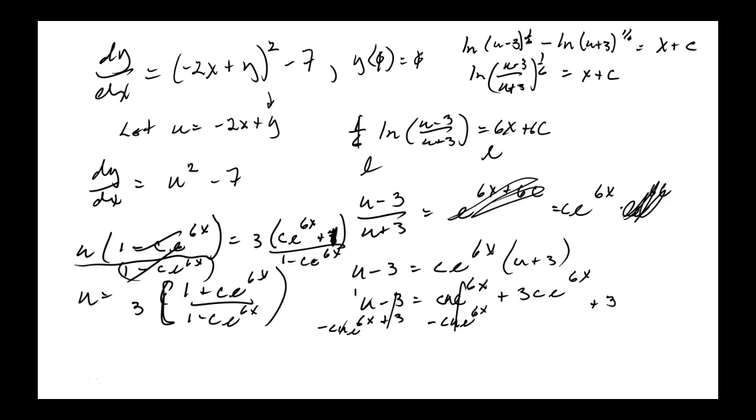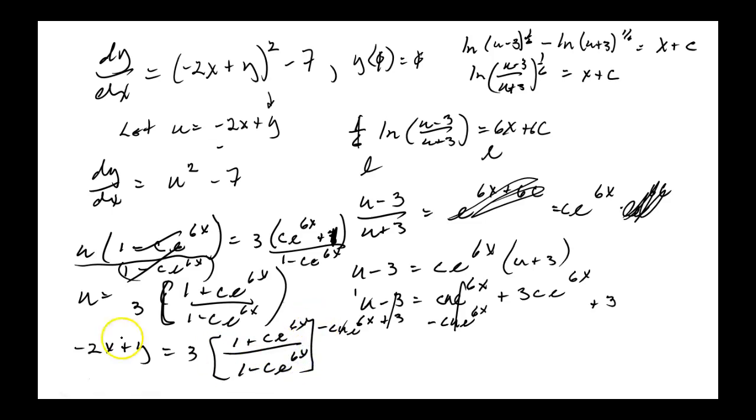We don't want u. We want this. So the u is this. Minus 2x plus y is equal to 3 times 1 plus c e to the 6x over 1 minus c e to the 6x.